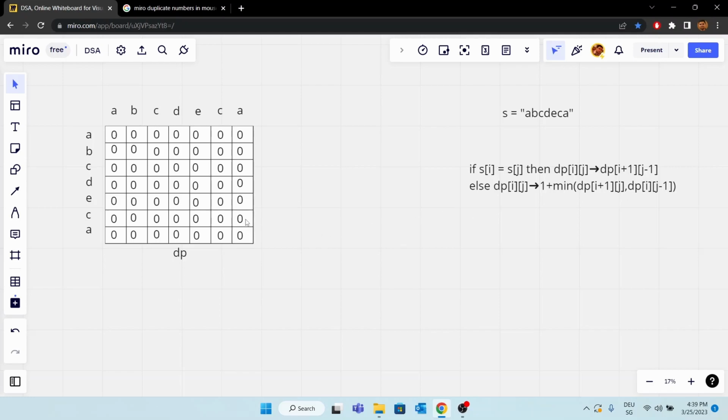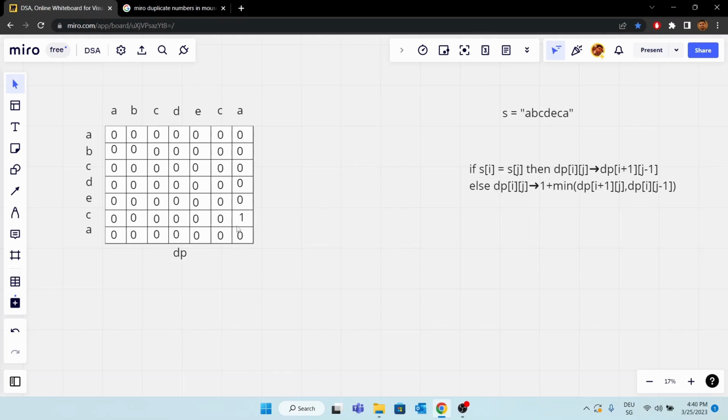If this is the i, j cell, i plus 1, j means the cell just below this cell, and dp i, j minus 1. By j minus 1 we mean the one left to this cell. So the minimum between these two cells is 0, and plus 1 means here we will have 1.